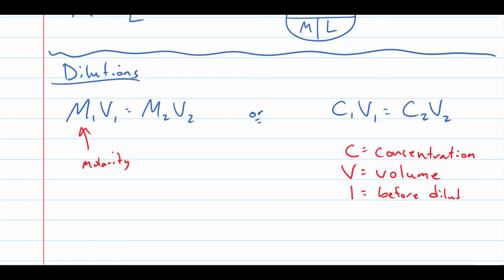Before dilution, or it's the beginning one. And a subscript of 2 stands for the second one, that is after dilution, or the end value. And of course, these should look very similar to the Boyle's law we did when we dealt with gas laws back in chapter 10 or 11, whatever that was.